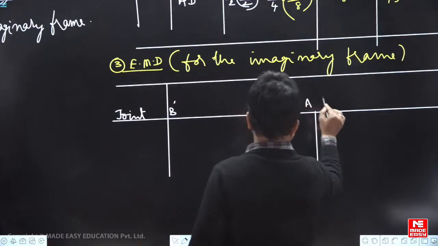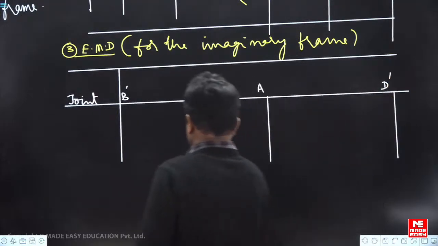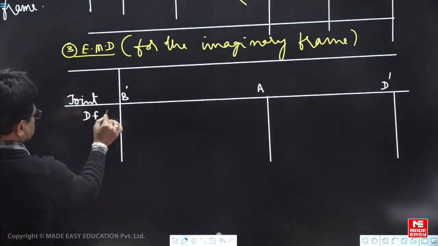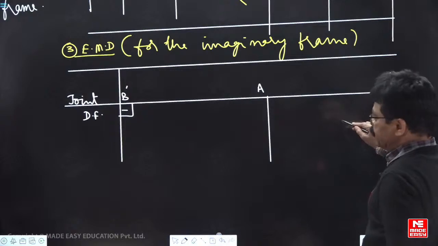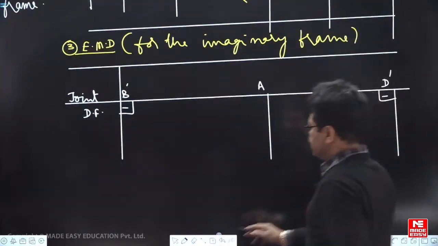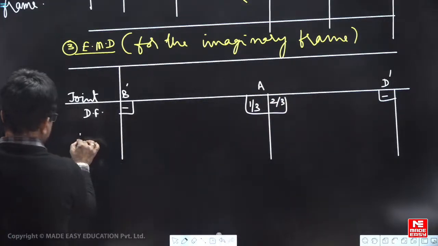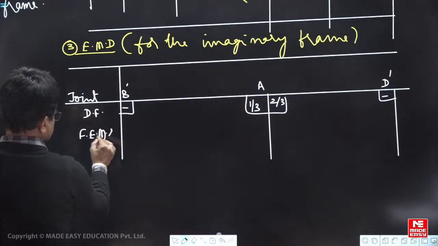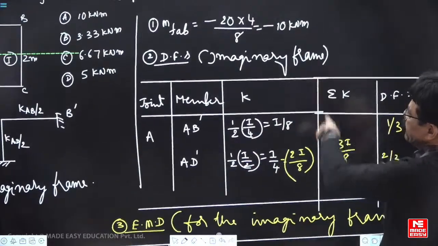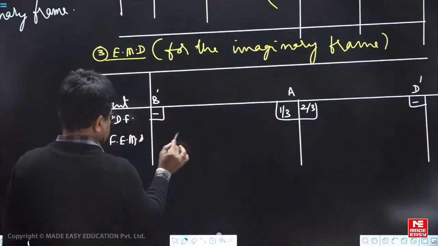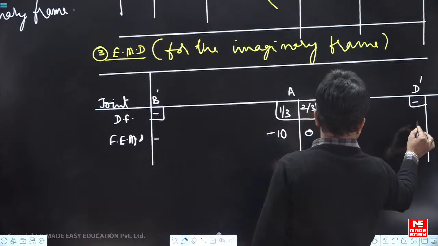B dash, A, D dash. Distribution factors. We don't write anything here also because they are imaginary fixed supports. AB dash 1 by 3, AD dash 2 by 3. Then fixed end moments. What are the fixed end moments? MF AB only is there, minus 10. Here nothing. MF AB minus 10, 0, 0.